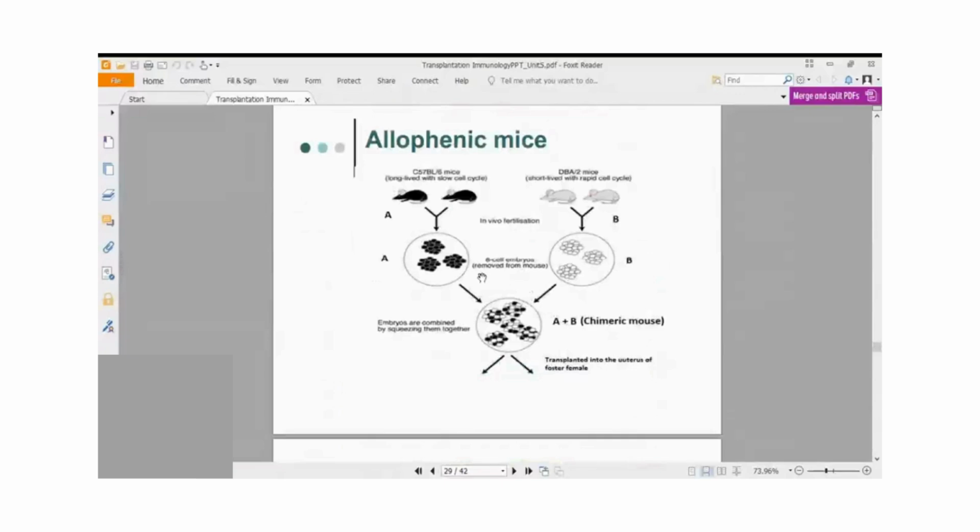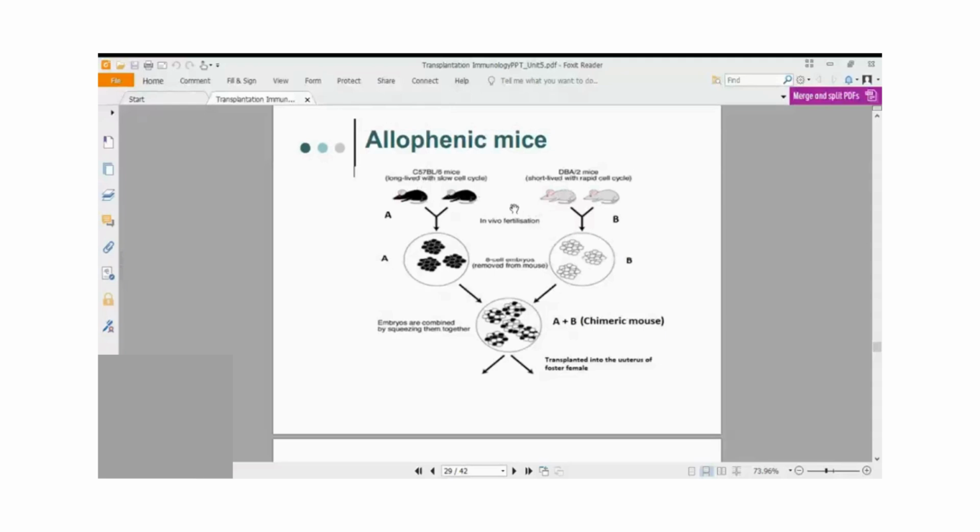In the normal genetic cross, now here there are two different strains of mice. One is the C57BL6 mice, that is black in color. Another is the DBA2 mice, that is white or albino in color. And you know very well, albino is recessive to black.